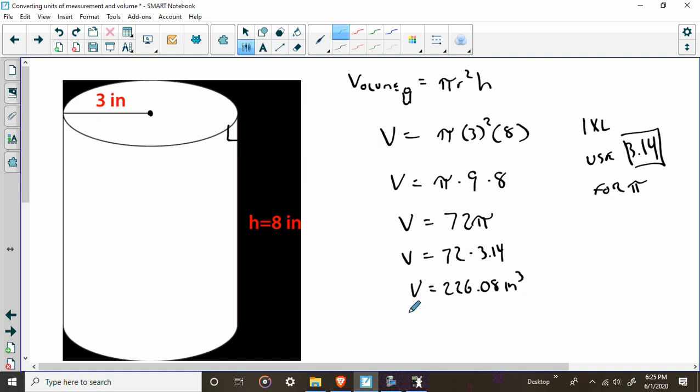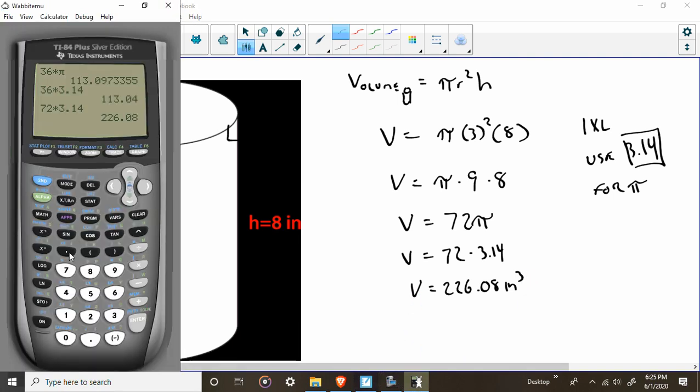More accurately, what is that answer? Again, I would do 72 times, and then I would actually use my calculator to get pi. So that's actually really 226.19. So if you see, it's really off. So this is the answer that they want, but in the perfect world, you'd really want to round that a little bit better.